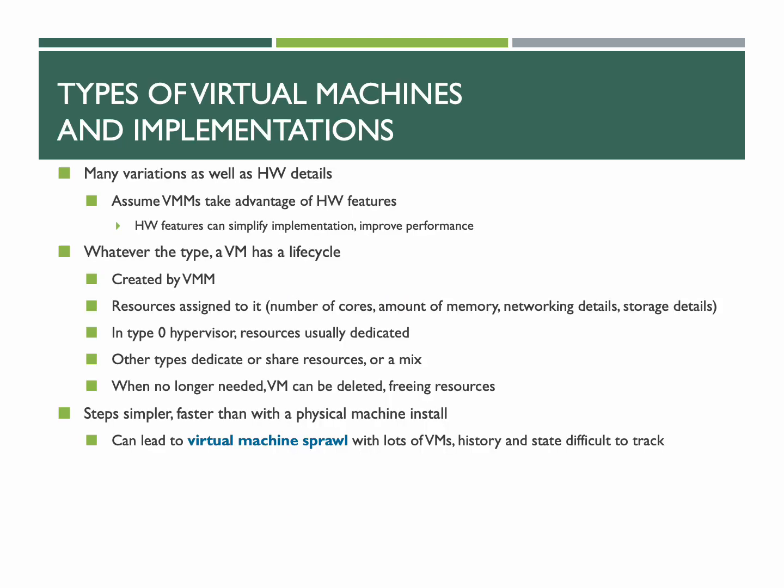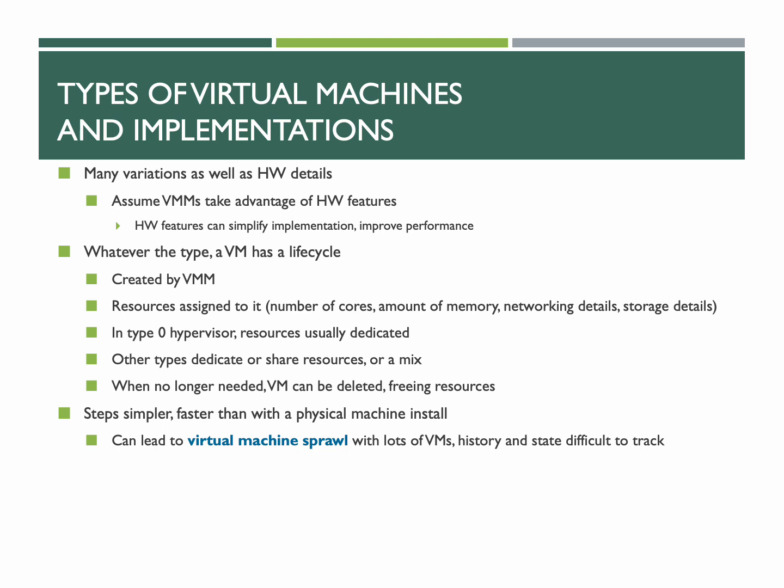Okay, now here see types of virtual machines and implementations. First of all, if we say variations and hardware utilization, virtual machines leverage hardware features to simplify and enhance the implementation of VMs.